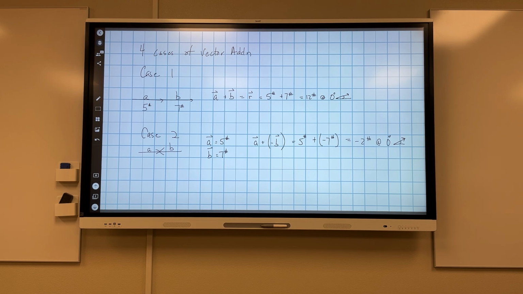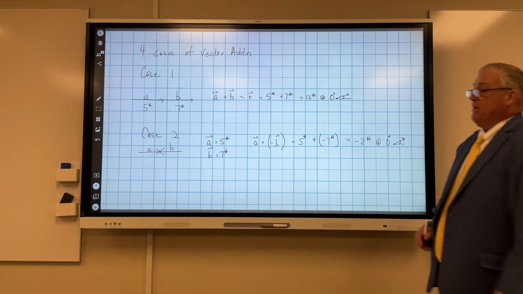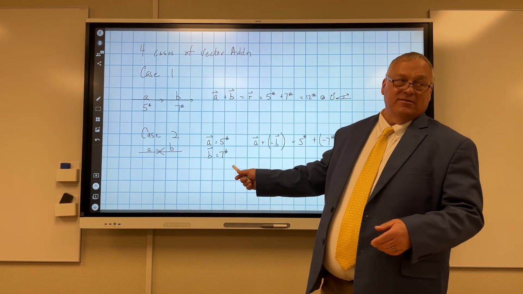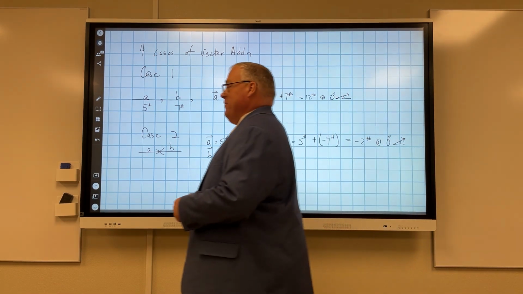The exact opposite direction. Okay? So we got our first 2 cases. Works out well. Okay? Now, are we going to encounter many of these first 2 cases? Probably not.